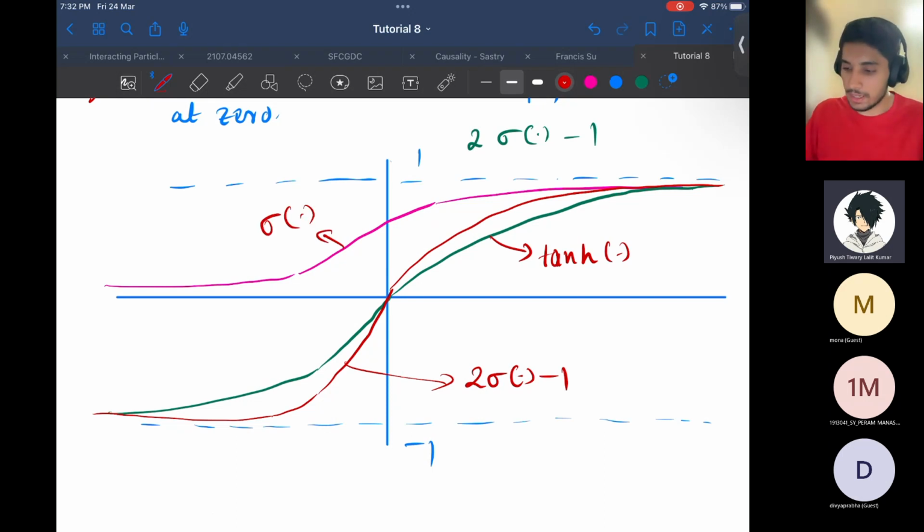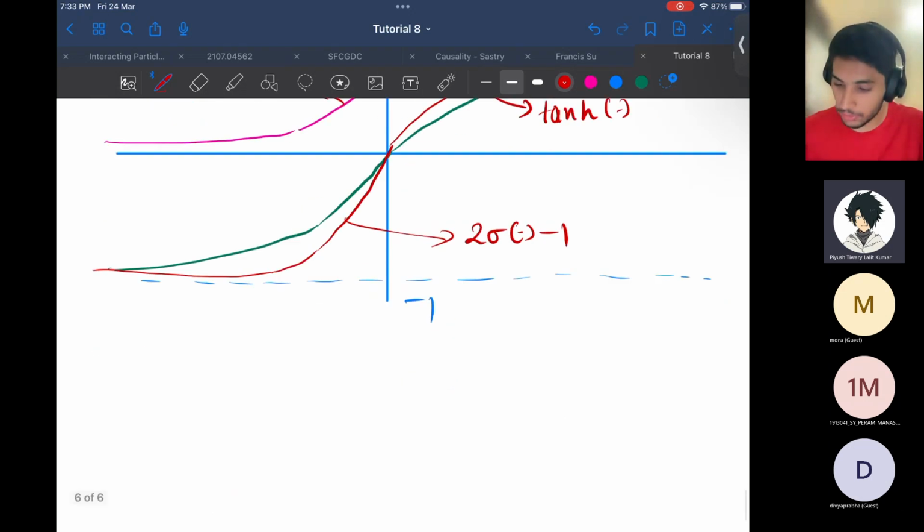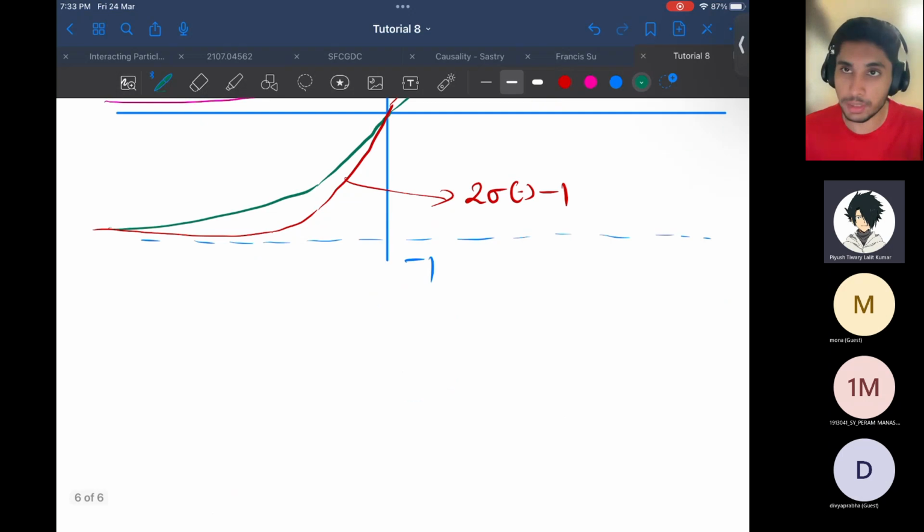So you can always modify your sigmoid function to cover an arbitrary range that you want. I hope that is clear. So that is not the reason. However, there are some reasons because of which tanh is preferred.